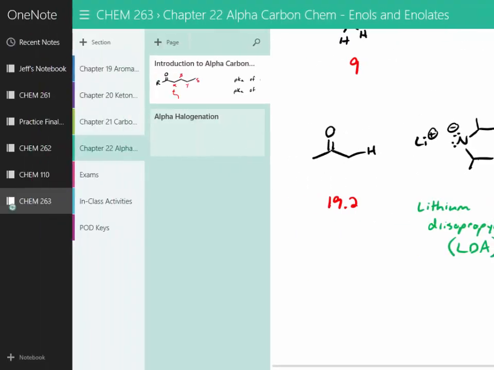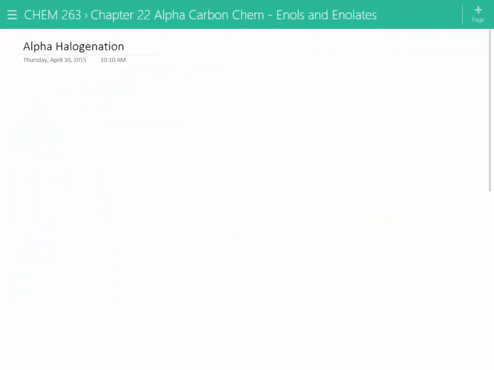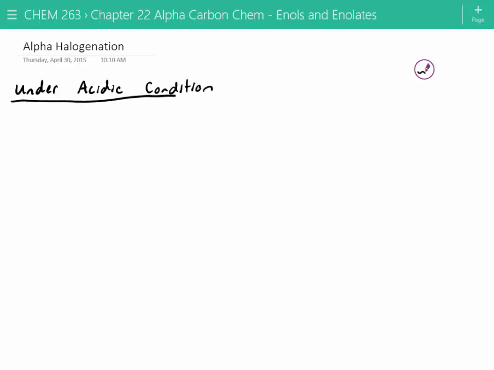So let's continue on to alpha halogenation. This is the first reaction we're going to see with the alpha position, and it's pretty straightforward. So let's do acidic conditions first. We'll do the overall reaction, and then we'll go back and do the mechanism.